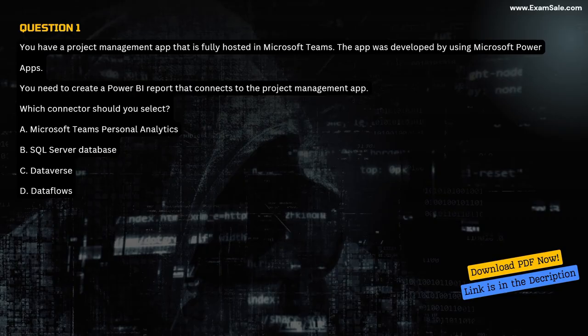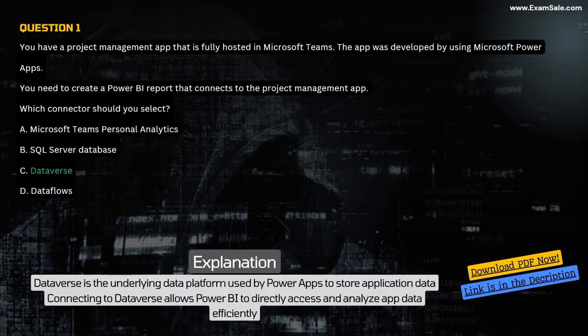C. Dataverse. D. Dataflows. Correct answer: C. Dataverse. Explanation: Dataverse is the underlying data platform used by Power Apps to store application data. Connecting to Dataverse allows Power BI to directly access and analyze app data efficiently.